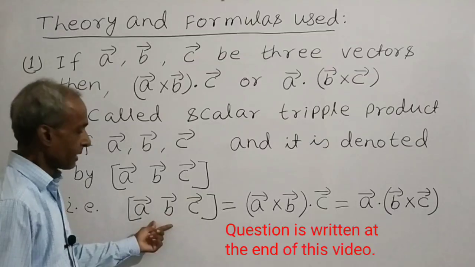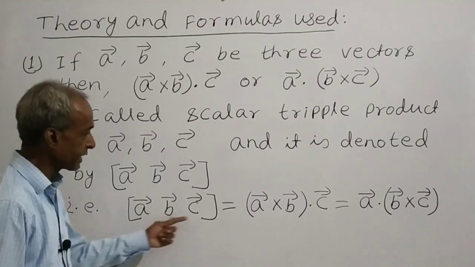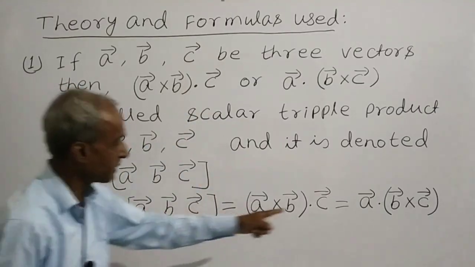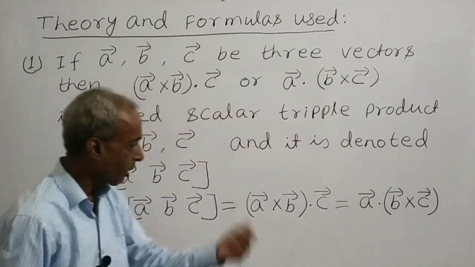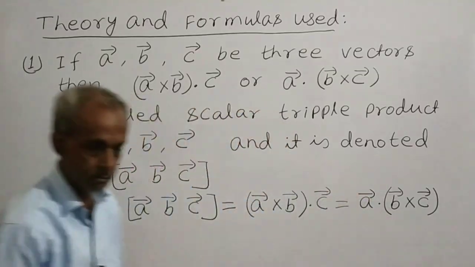That means this scalar triple product of A, B, C will be equal to this, or this will be equal to this, because the value of this is equal to this.